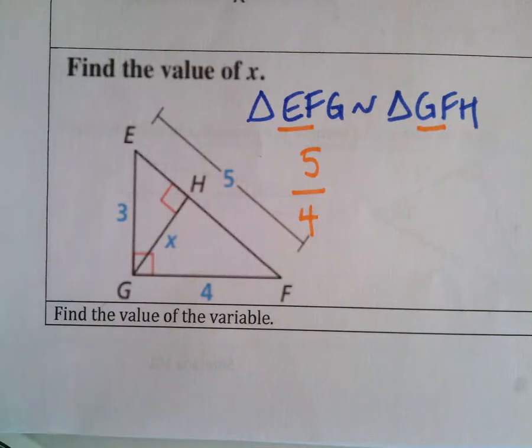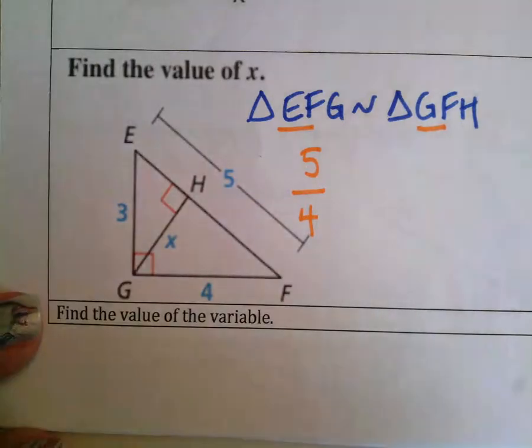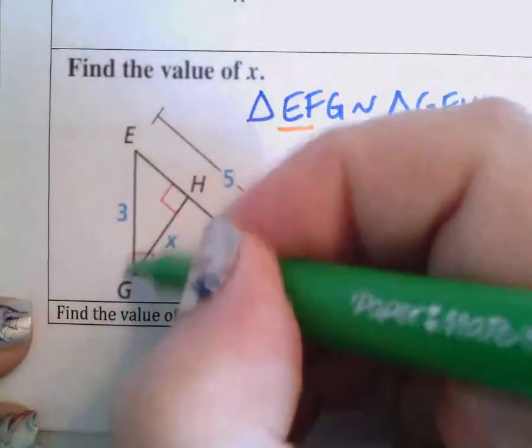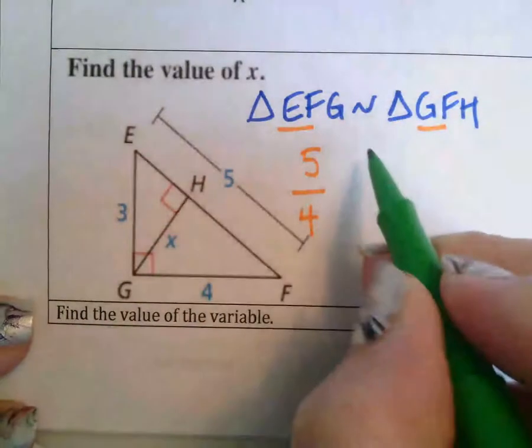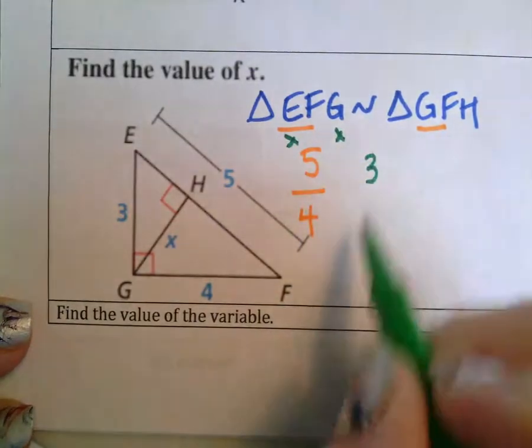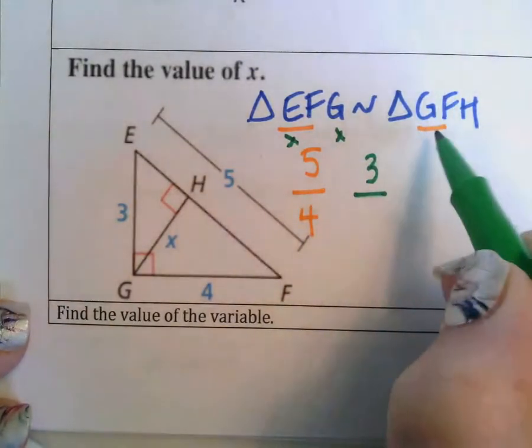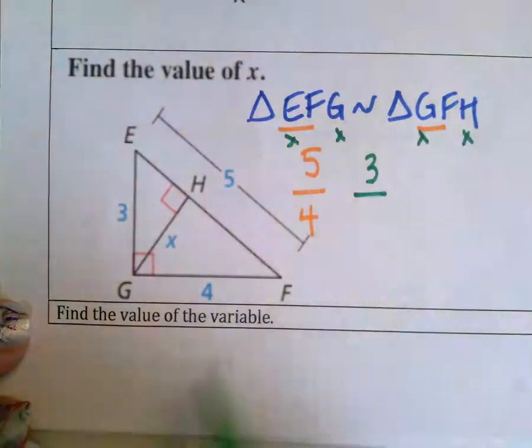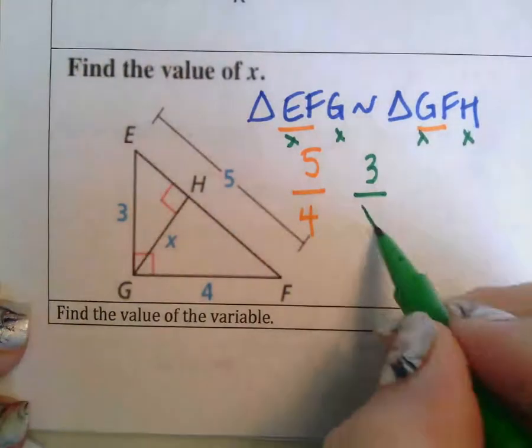Remember, we're setting up proportions here. And then I have EG right here. I know that that is 3. And that's going to correspond to HG, which is my X.